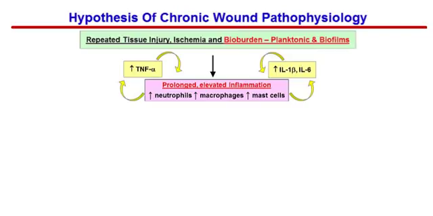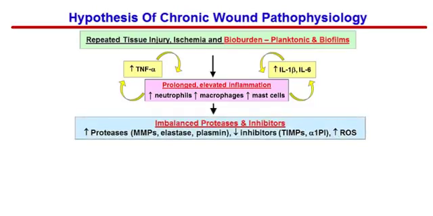But unlike the beneficial things that happen when inflammation persists for about the first 5 days, if a biofilm is formed, as I'll show you now, those bacteria are very difficult to remove, and they cause chronic inflammation that results in elevated levels of proteases, sometimes hundreds of times the concentrations that you find in an acute healing wound.